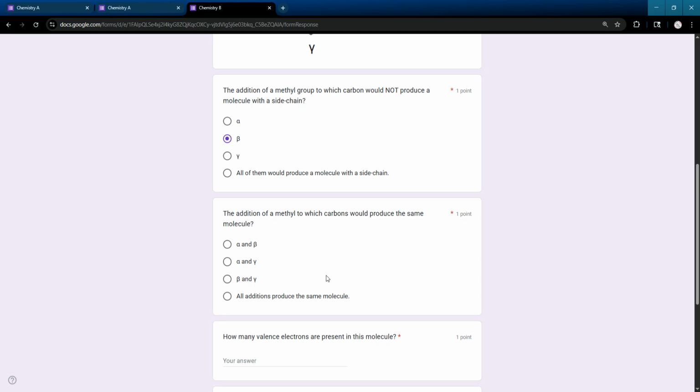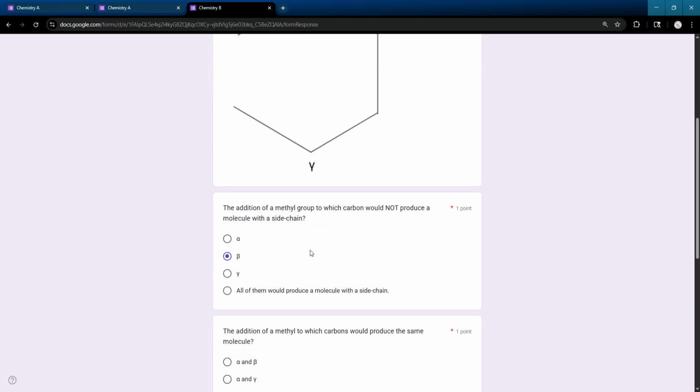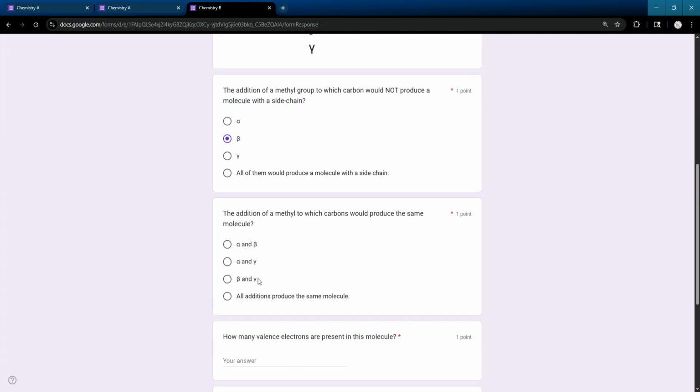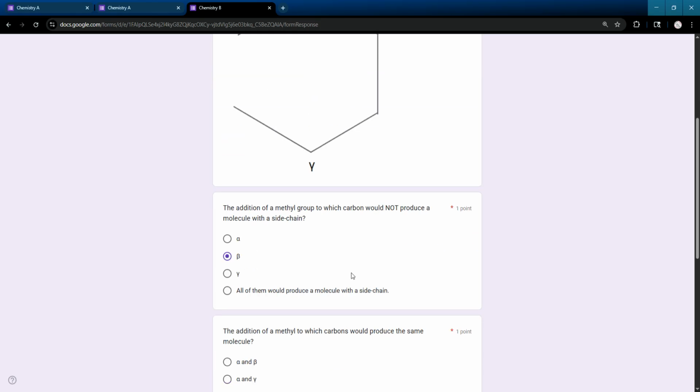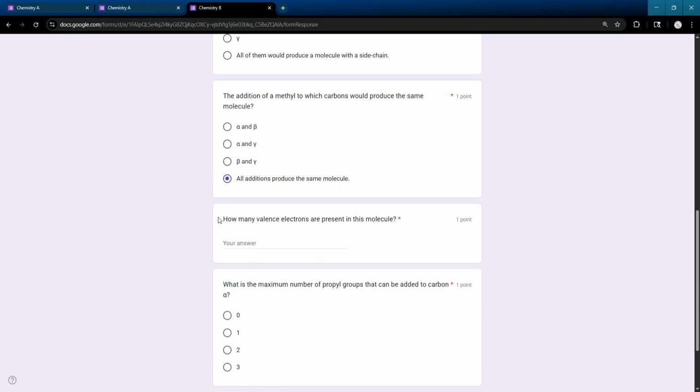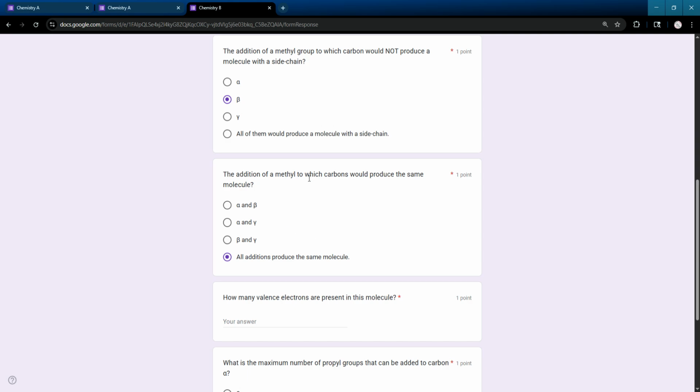The addition of methyl to which carbon would produce the same molecule? A and B may be the same, but so I think the addition to carbon would produce the same molecule.